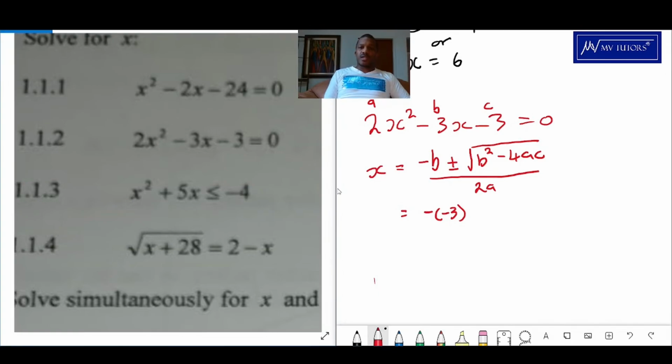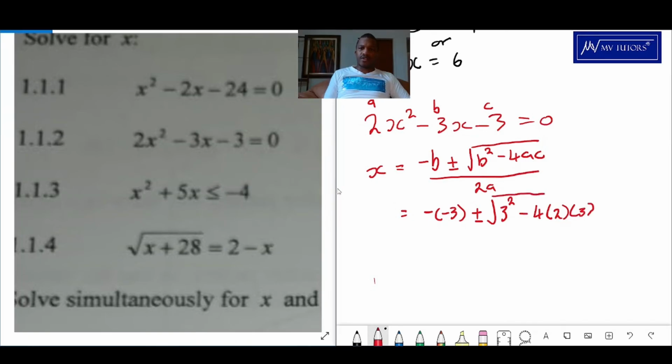Okay, and that's going to be plus or minus B squared. It's -3 again, but any number squared, it doesn't matter whether it's negative or positive when it comes to squaring. So A, take out the guesswork, it's 2, and then C, it's -3, like that.